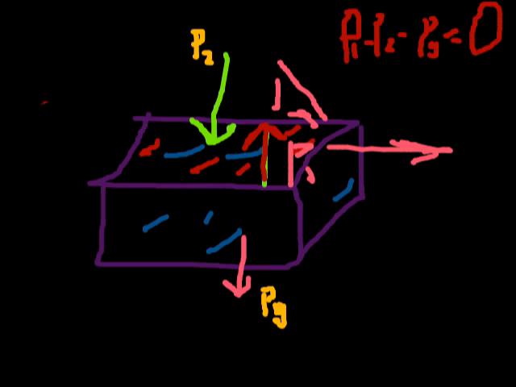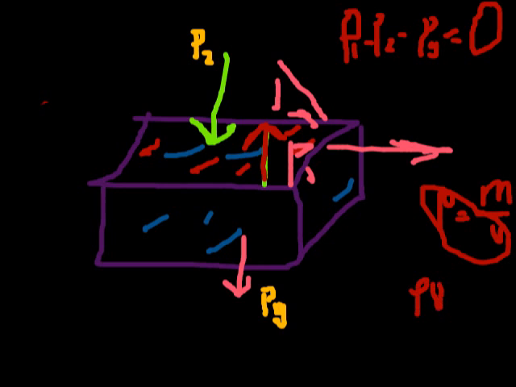And we know that density equals mass divided by volume. If you multiply density by volume, you get mass. So density times volume equals mass. And you know that volume equals area times height. So density times area times height equals mass.